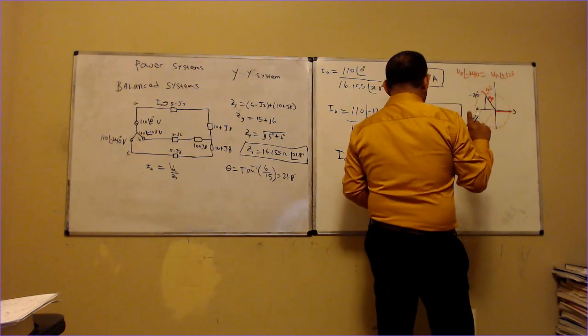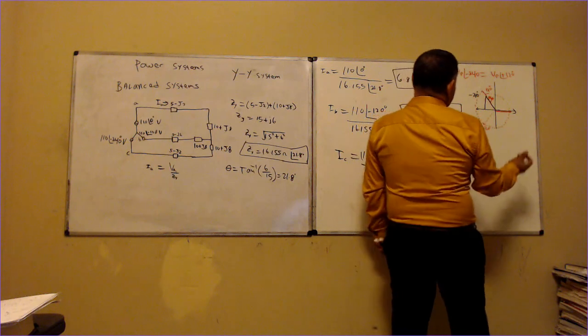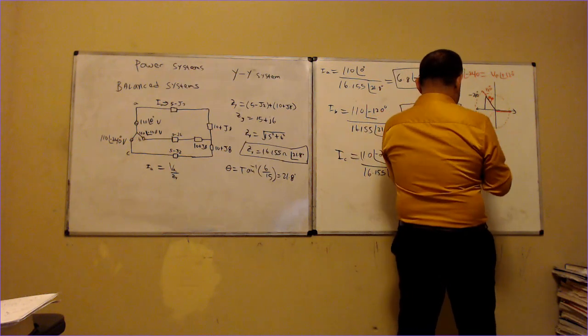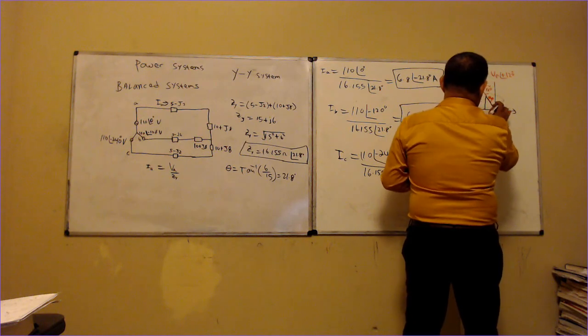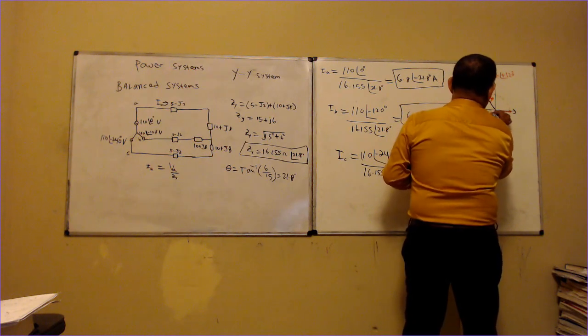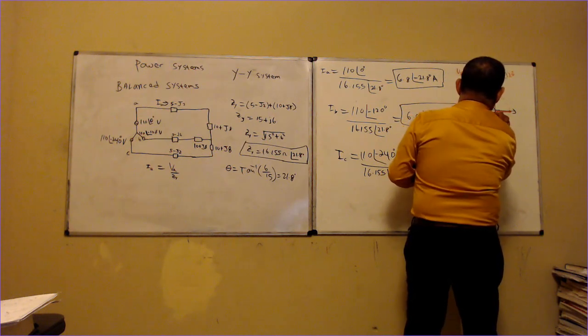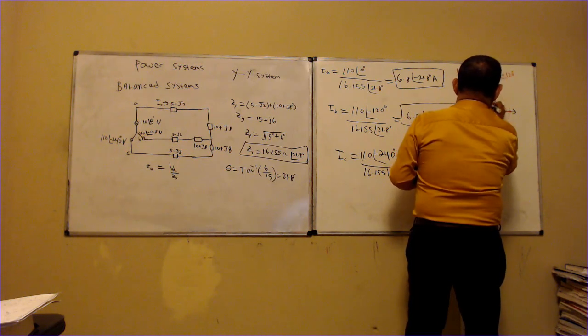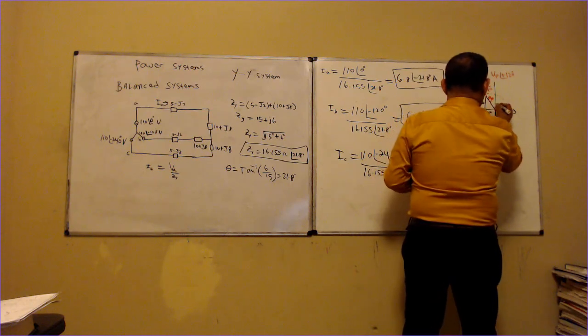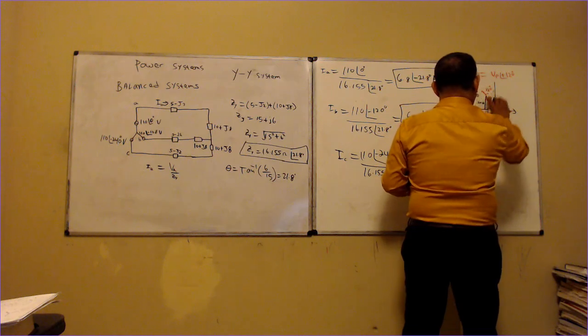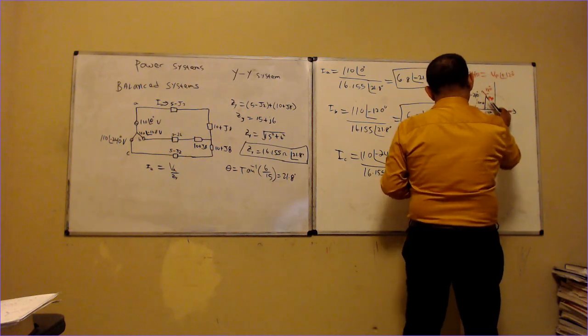So with that being said, this right here is cosine theta. This right here is sine theta, right? And there's a little angle right there that represents that.